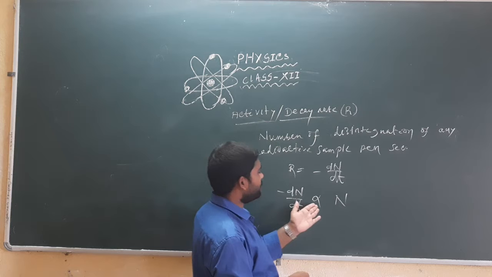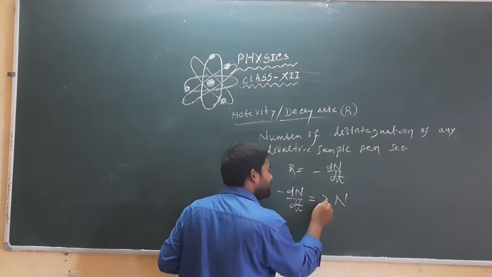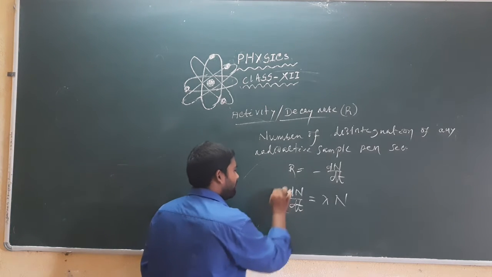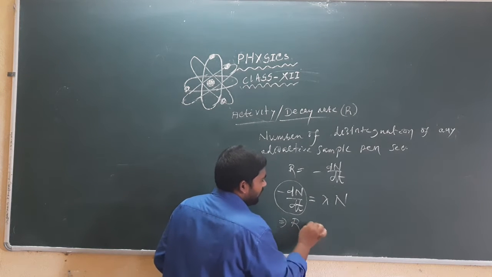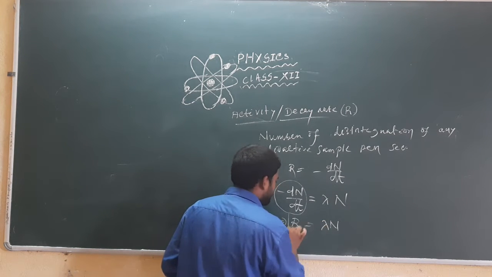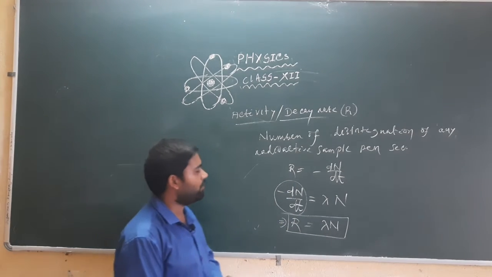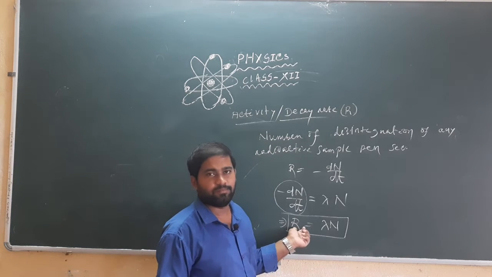Removing the proportionality with a constant, the decay constant lambda, minus dN upon dt equals R, so R equals lambda N. This is the relation of the number of samples at any time with the activity of the material.